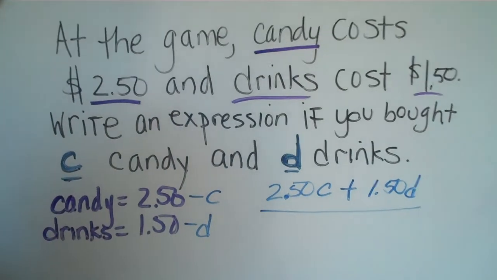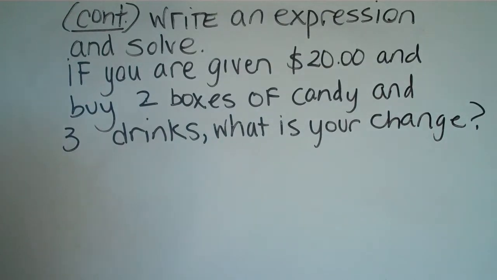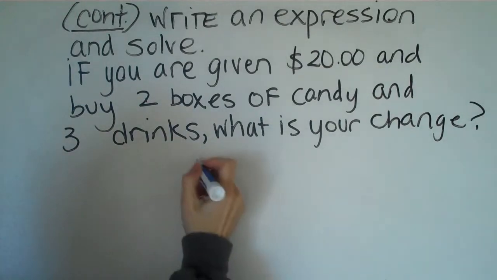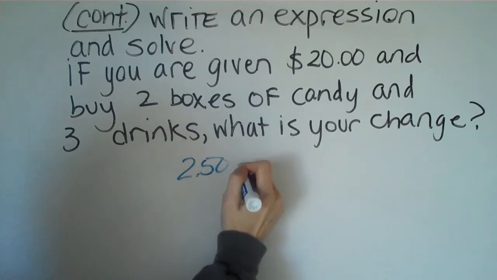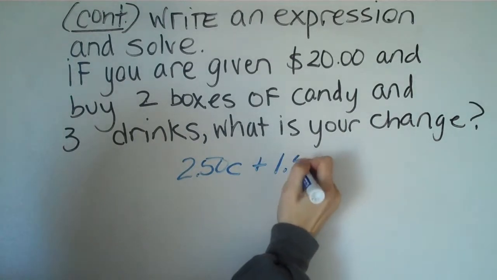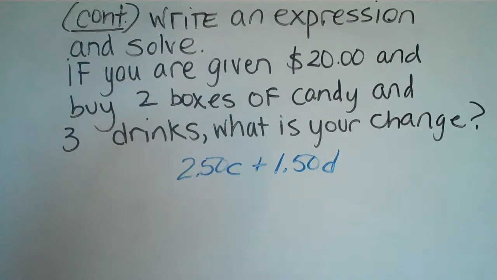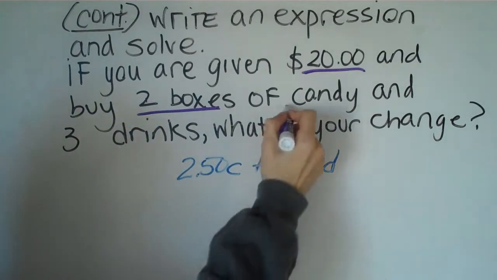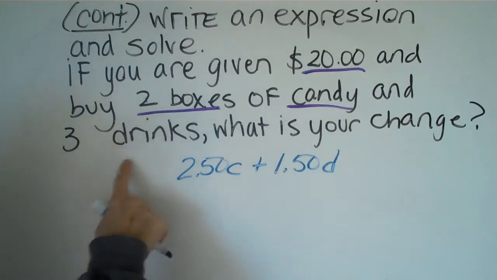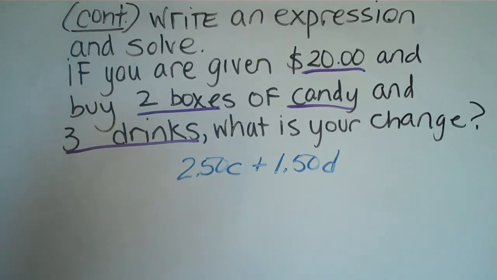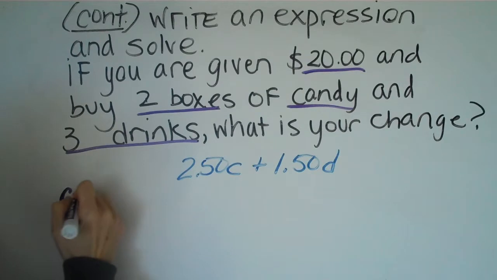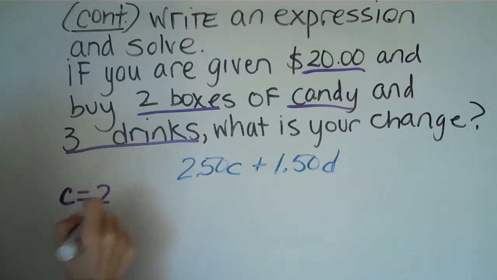Now, what if that problem continued? So far we have $2.50C plus $1.50D, right? We figured that out. Now it says write an expression and solve. If you are given $20 and you buy 2 boxes of candy, so C equals 2, and 3 drinks, so D equals 3.